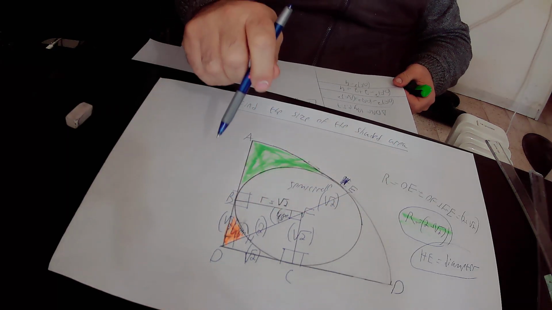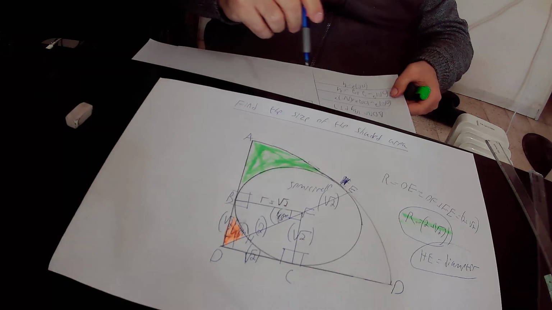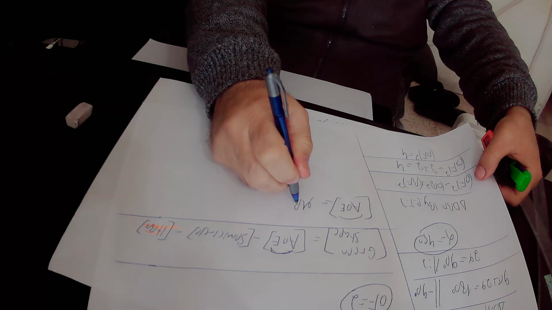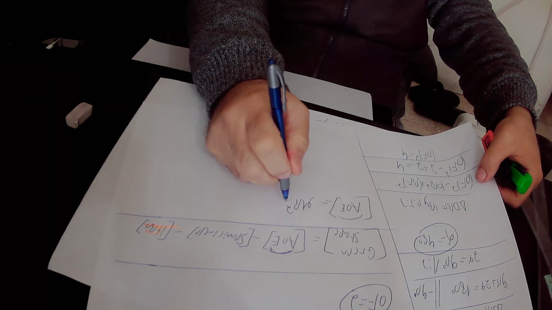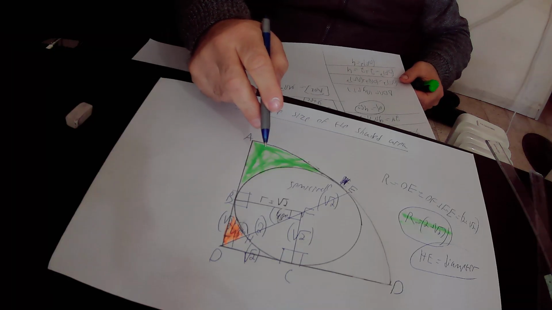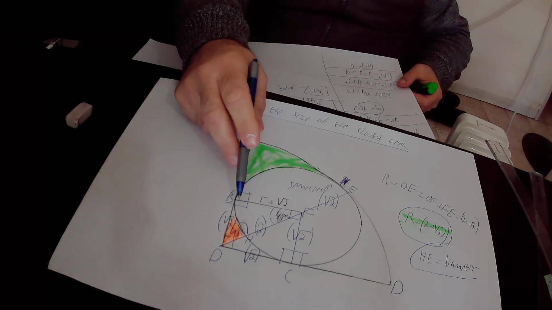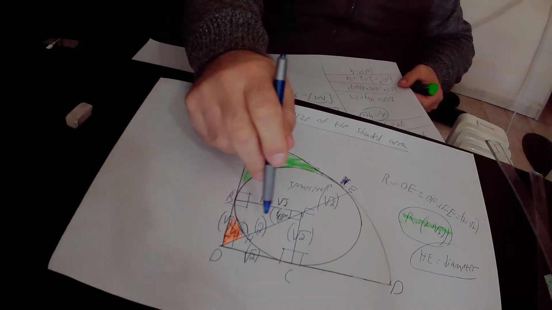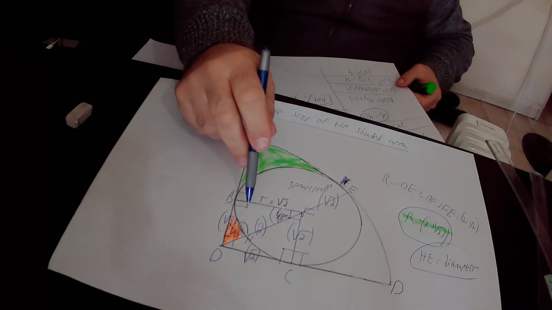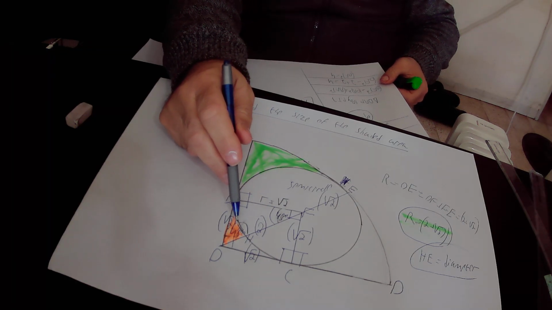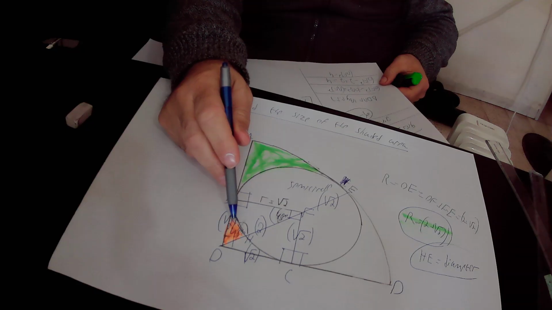So the area of the big circle equals pi times capital R squared. That is the area of the big circle times theta over 360 degrees. Theta is the angle between the legs of this sector AOE, and this angle equals 45 degrees according to what we have already found out.